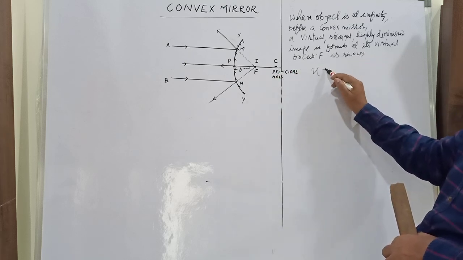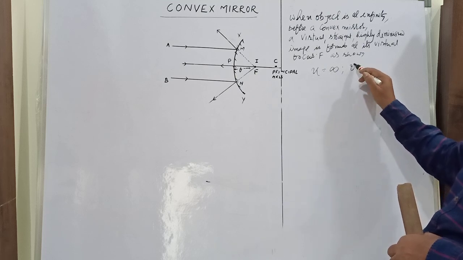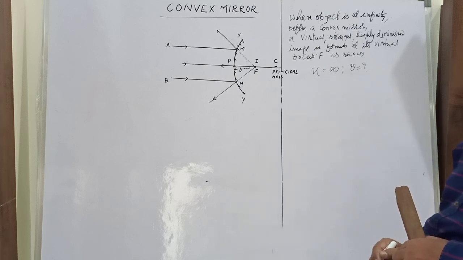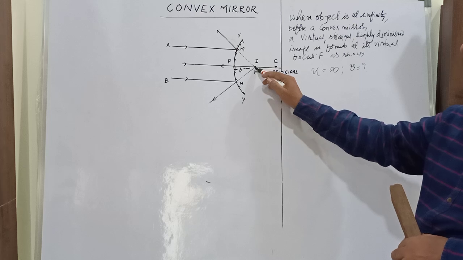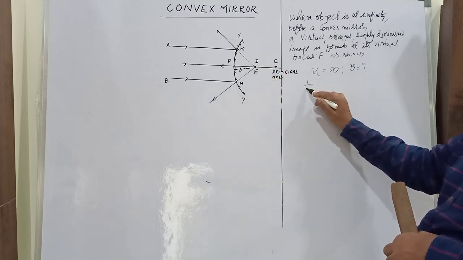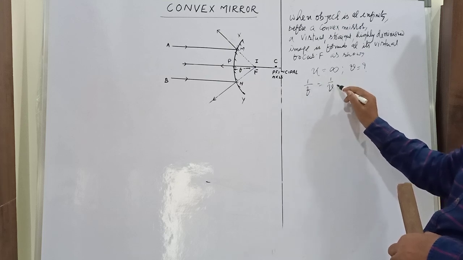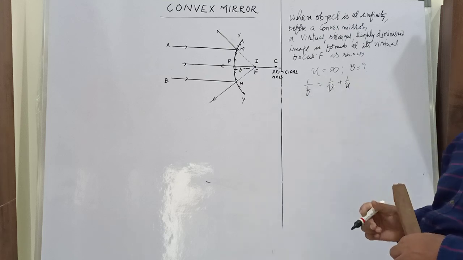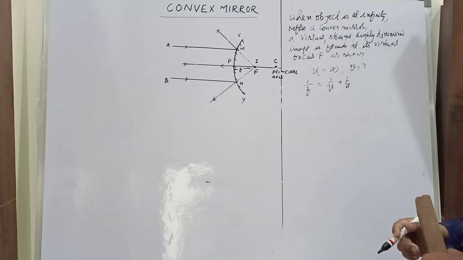So here the distance of the object is infinity. Distance of the image is how much? Tell me at what distance the image is formed. At the focal length of the mirror, which is f. Then we have the formula 1 by f equals 1 by v plus 1 by u. This is the mirror formula, the reflection formula.